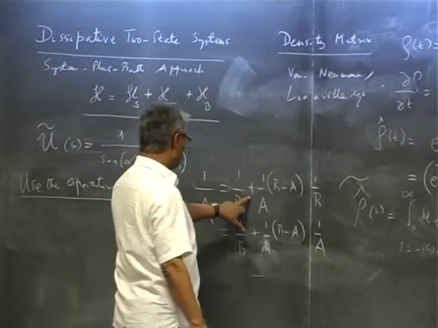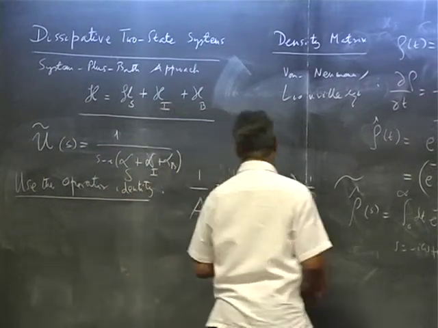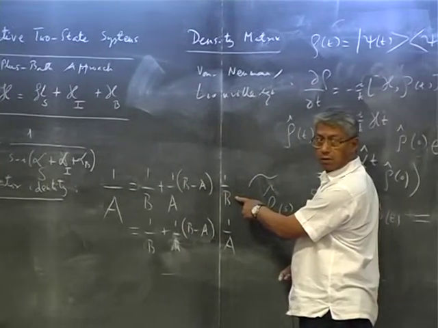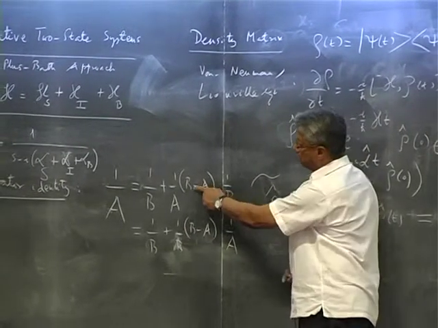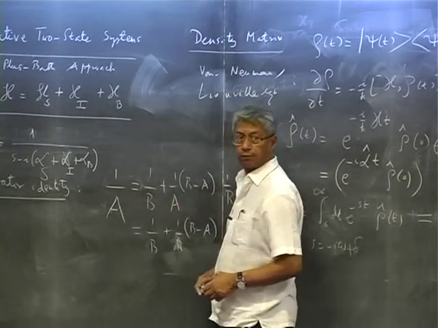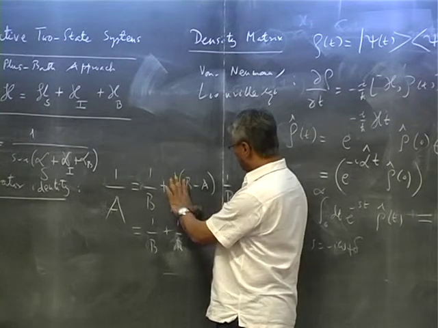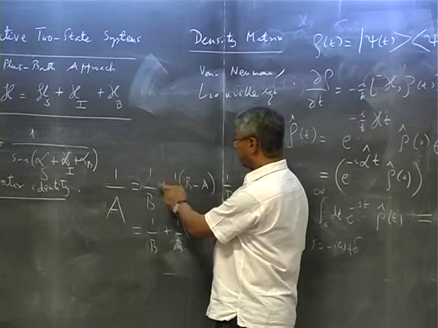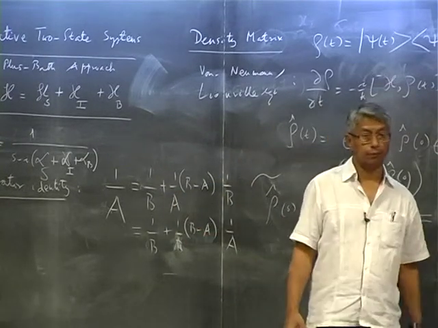Just look at the first term: I have B here, and a 1 over B multiplying from the right, so that gives me 1, and that's your 1 over A term on the left-hand side. The other term, 1 over A and A, gives a minus sign and 1 over B, and that cancels with it, so we have an identity.